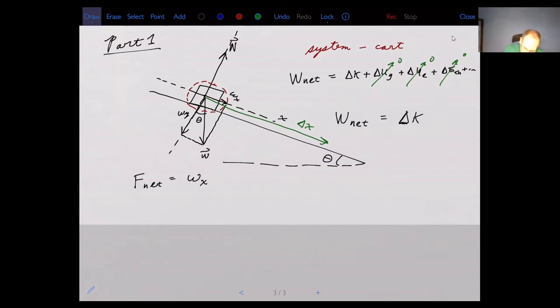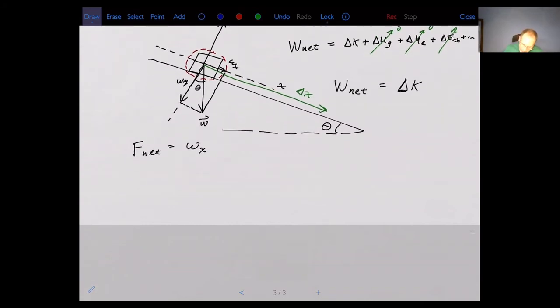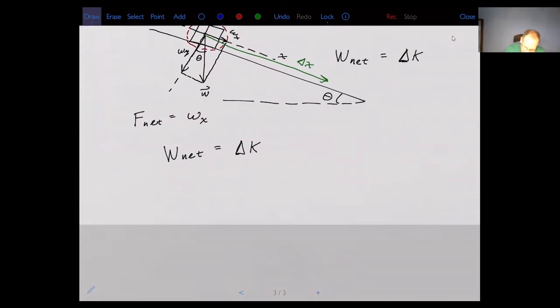So using the work energy theorem, I know that the net work is equal to, in this case, the change in kinetic energy. Well, the net work is going to be the net force times the displacement times cosine of the angle.